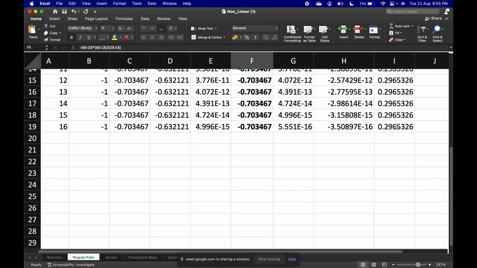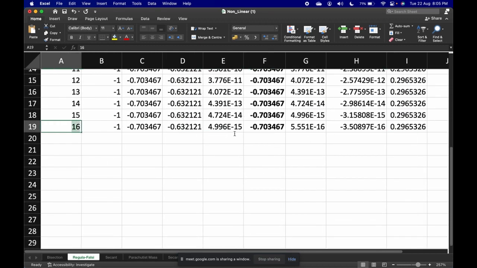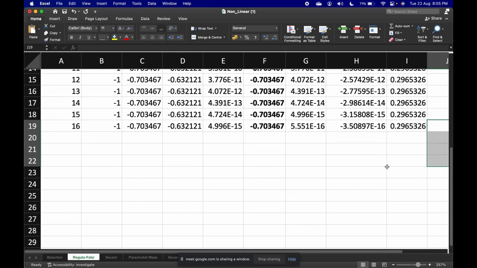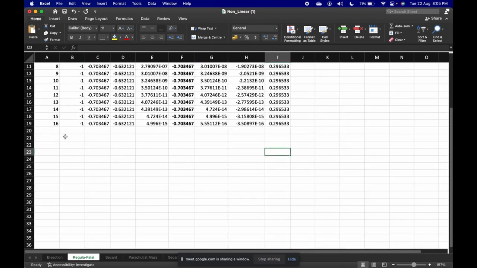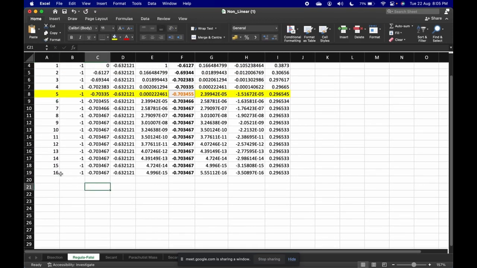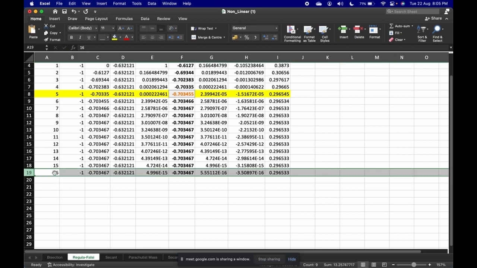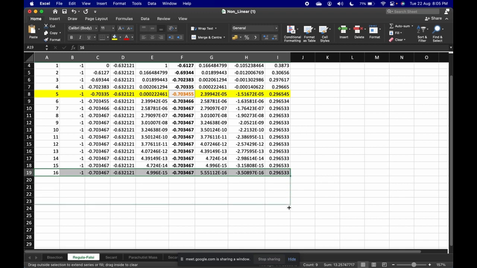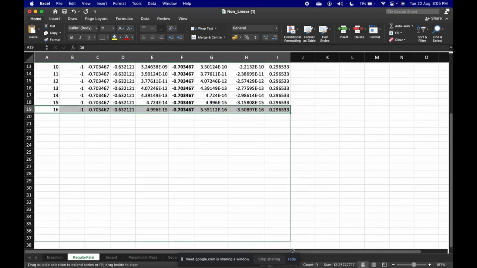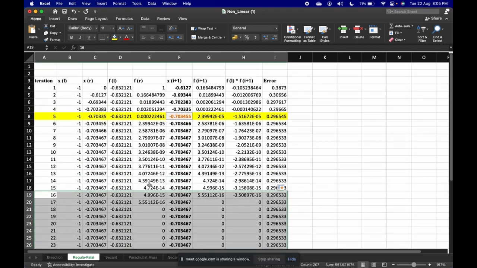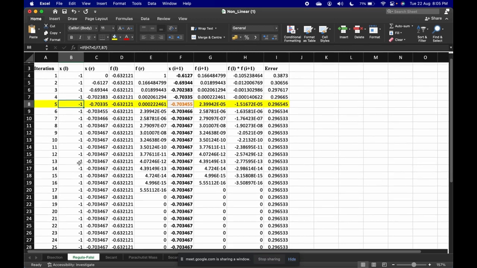So if you extend it, always the minus 1 is remaining here, right?